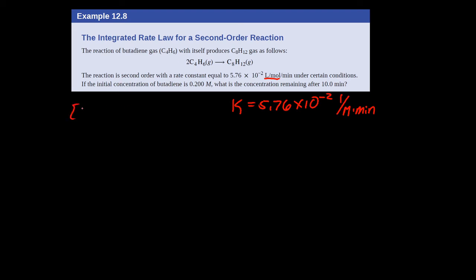So we are asked to find concentration at time t, that time being 10 minutes. And we're given the initial concentration of 0.2. So this one is pretty straightforward.